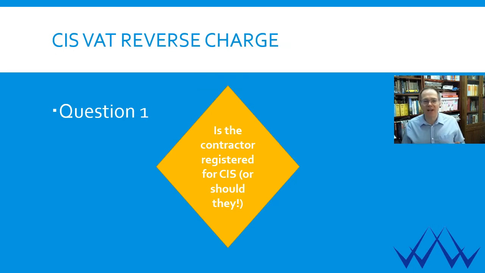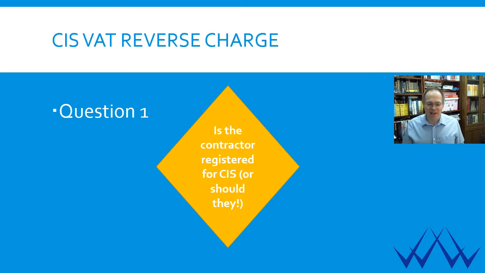So when do the VAT reverse charge rules apply? When do they come in? Well, there are five questions you have to ask, and if the answer to any of these questions is no, then the VAT reverse charge mechanism doesn't apply. So question one, ask yourself, if you're the subcontractor, is the contractor registered for CIS?